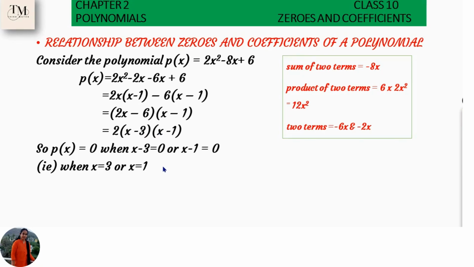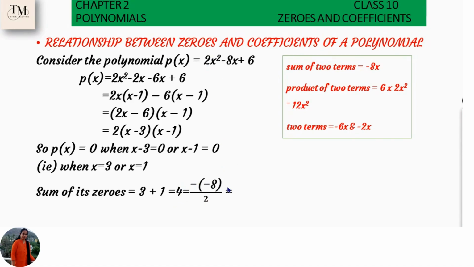Now we have to find the sum of the zeros. The sum of the zeros is 3 plus 1, which is equal to 4. This 4 can be written using the coefficients. Here I am using the coefficient of x, that is minus 8, but the value is positive, so I am adding one minus. Minus into minus 8 divided by 2, the coefficient of x square, gives 4.